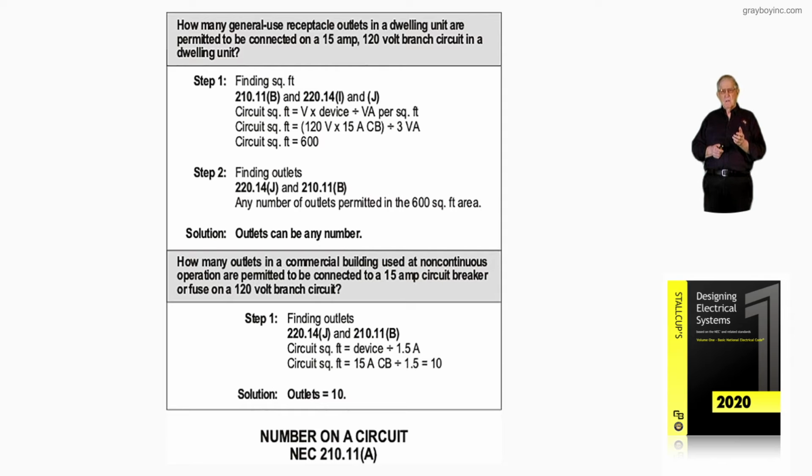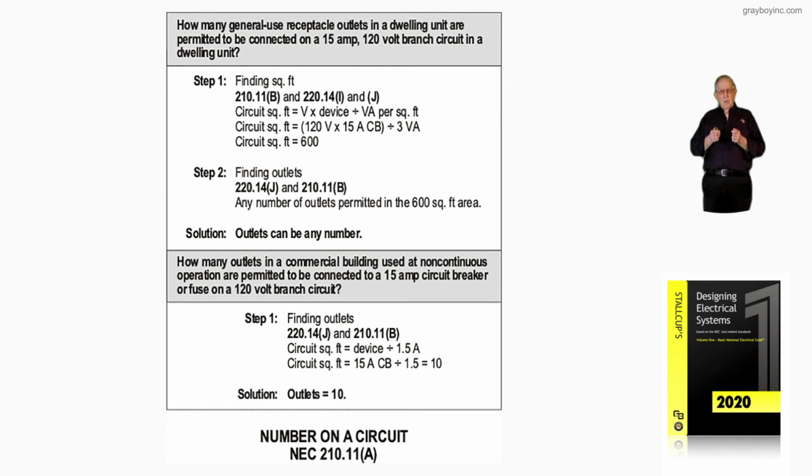But if it happened to be continuous, then you take 1.5 times 125% and divide by 2.25, I believe it is, into the 15 amps. You can see that's going to drop it down to maybe 8 outlets. I don't know, you'd have to do the math to find out. But non-continuous, here we'd have 10.